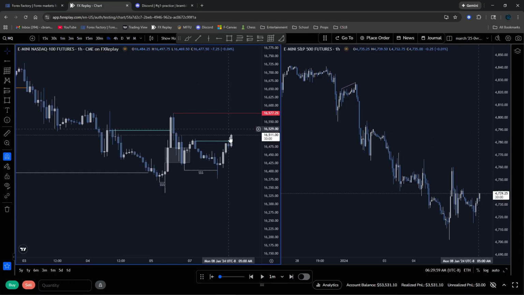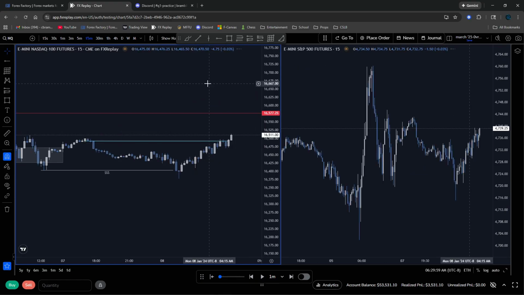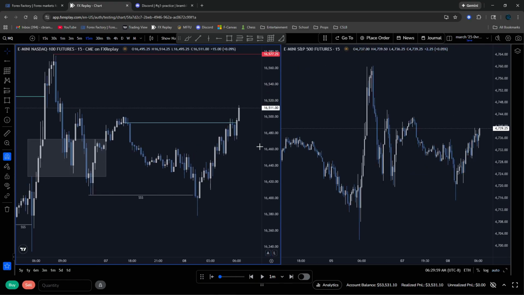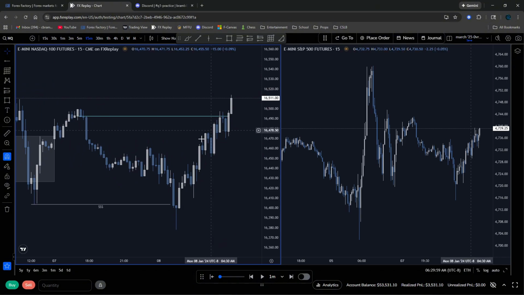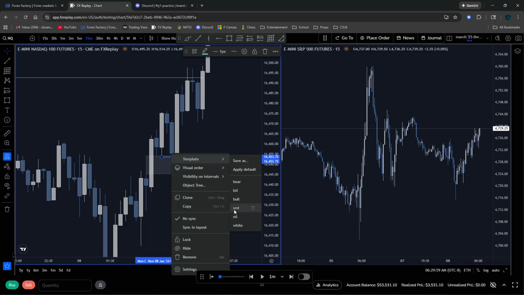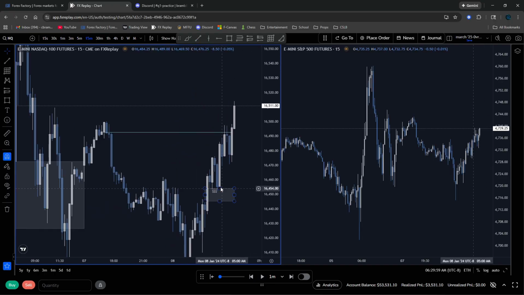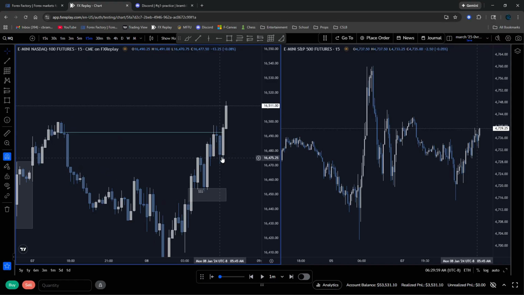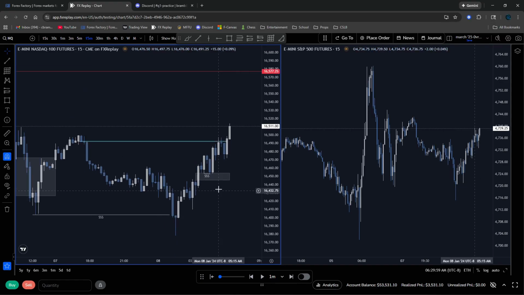However, of course, seeing how inefficient price is at this level, you want to be wary, you want to be cautious, especially because it's not the cleanest structure here, right? Again, last bit of efficiencies here, and it barely manipulated that. But manipulated it did, and displaced past it did.